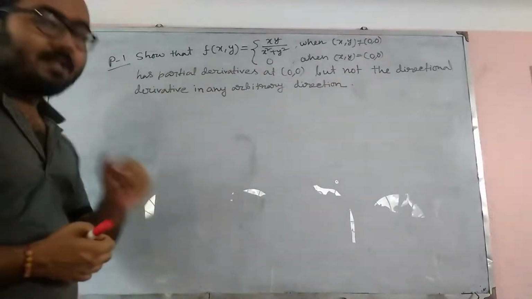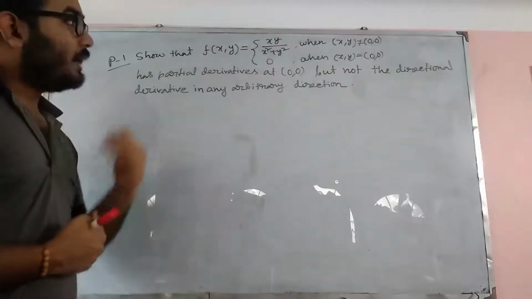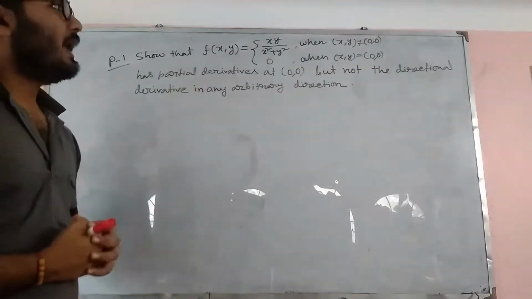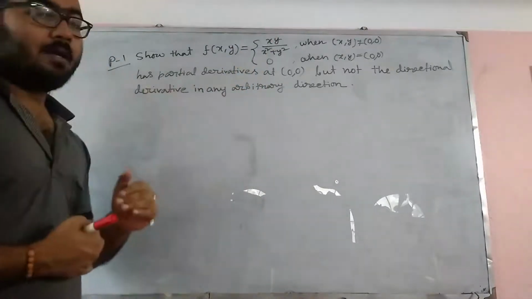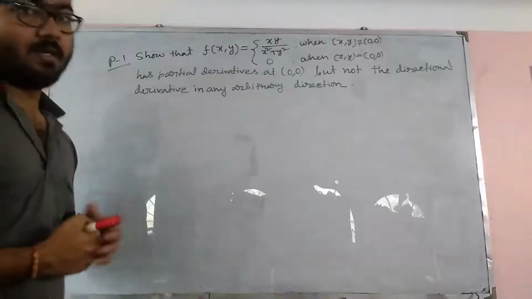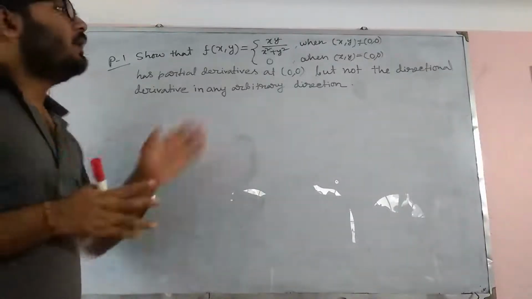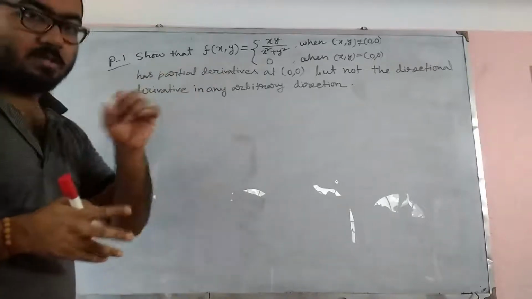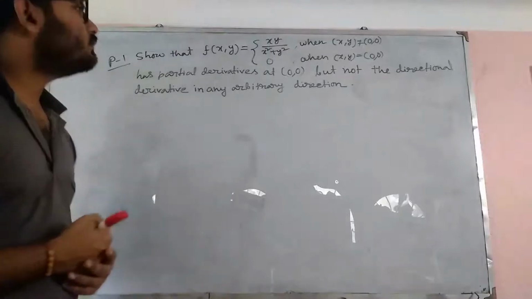That is why we have to define the function at non-zero points separately and the 0 point separately, and we have to give the value 0 at the point 0, 0.